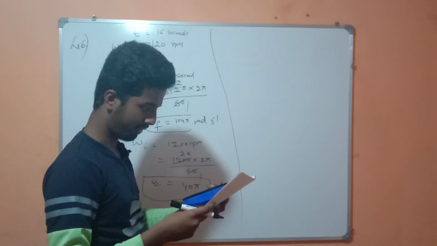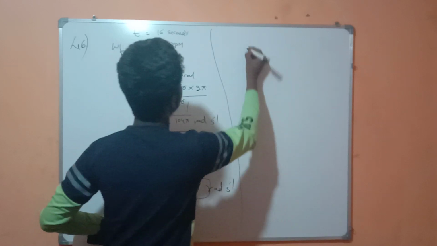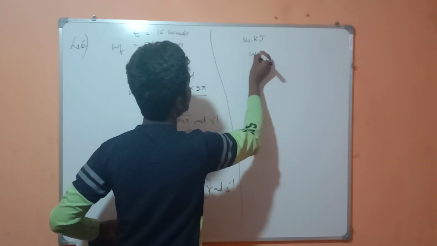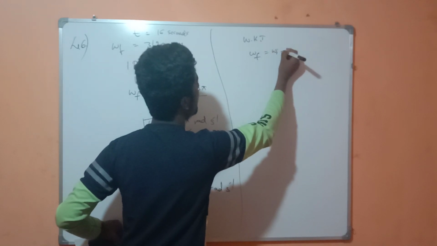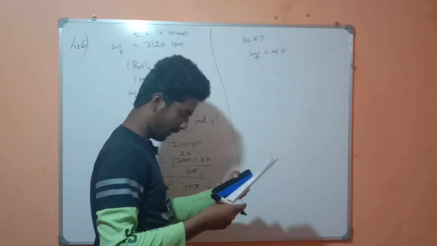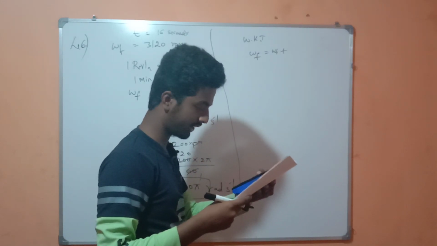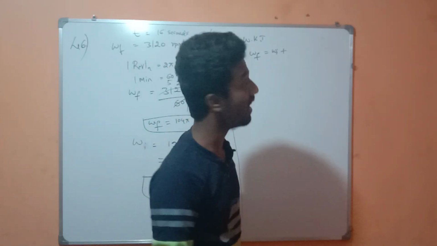Next, what we should find? We know that, children, omega final is equal to omega initial plus alpha delta t. They have asked for the angular acceleration, to be uniform, so we should find the value of alpha.